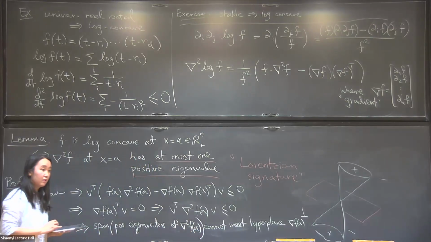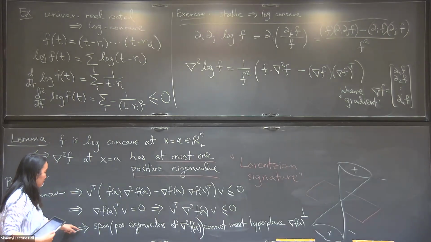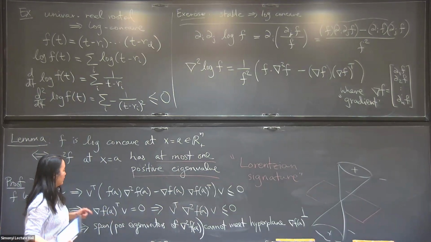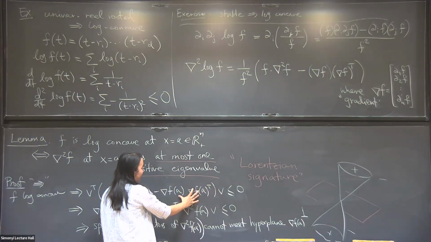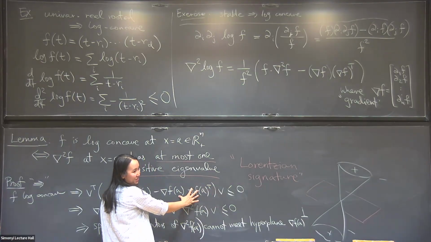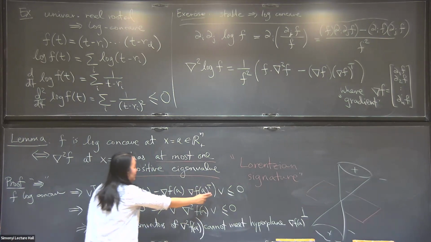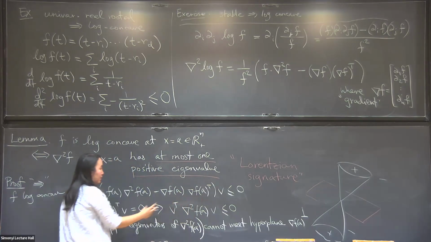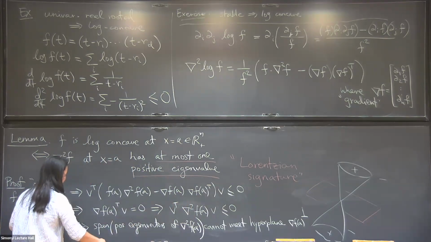Can you explain again where the second implication came from? Yeah, this one is saying if my V is such that the second quantity is 0, then the first quantity is less than or equal to 0. I'm choosing the V such that the second quantity is 0. Sorry, I should have put a parenthesis.